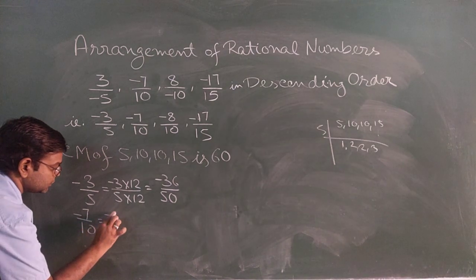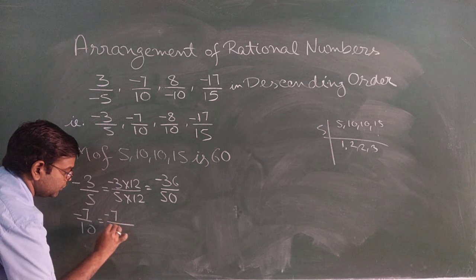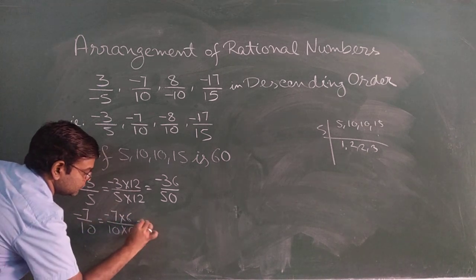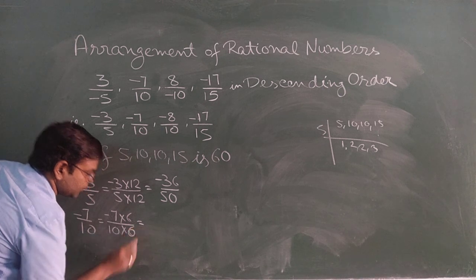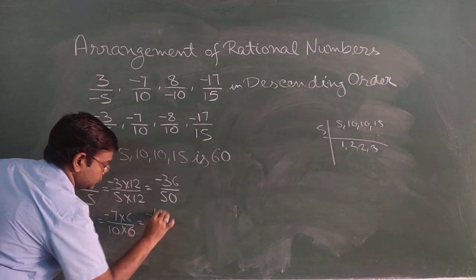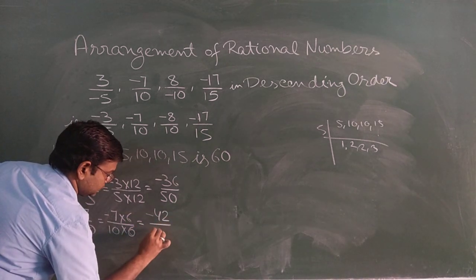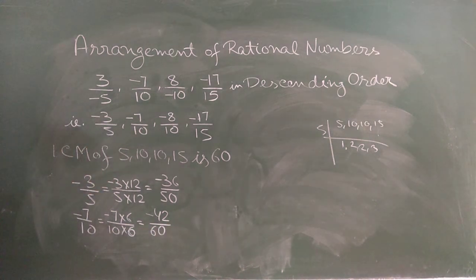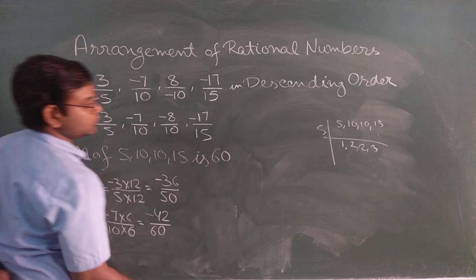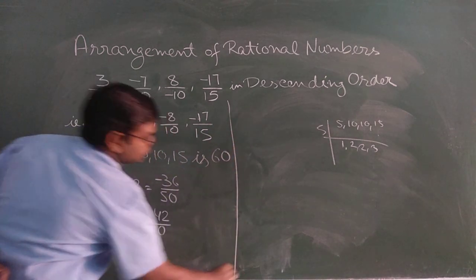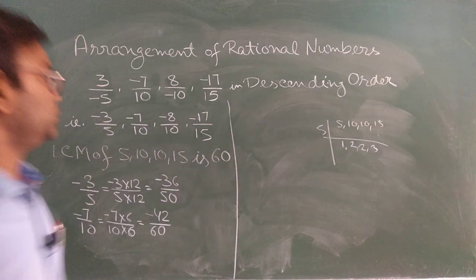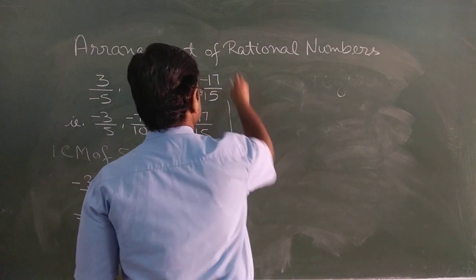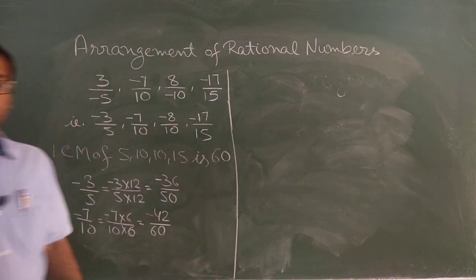It's minus 7 into 6 upon 10 into 6, that is 60. Then we convert this part. Let me rub this side. Hope this one is clear to you.